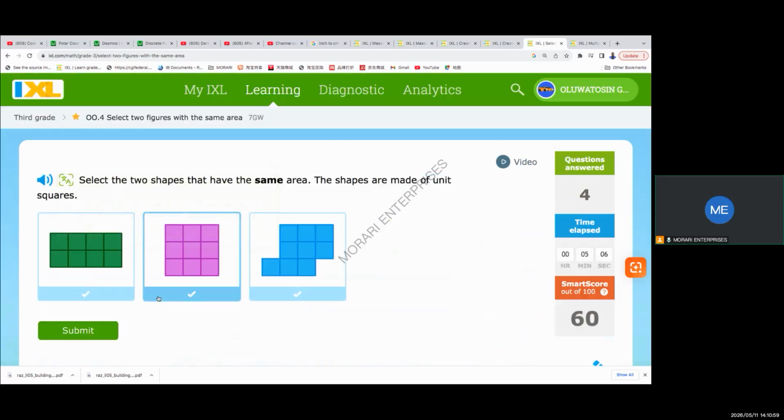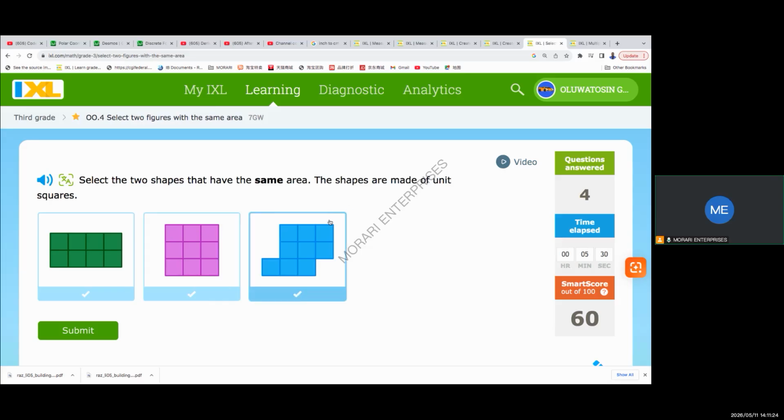So again, area is squares to fill the space. We use squares, and squares of different sizes. Millimeter square, centimeter square, decimeter square, meter square, kilometer square, mile square, yard square, feet square, inches square, all right?